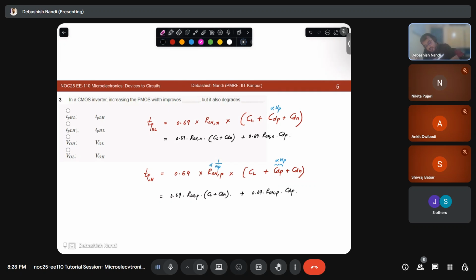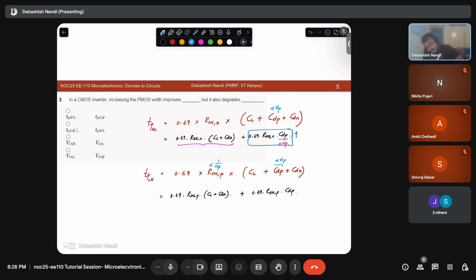Now again if we check, is this quantity dependent on WP? It is not, right? But this is dependent on WP. So basically this term increases with WP.